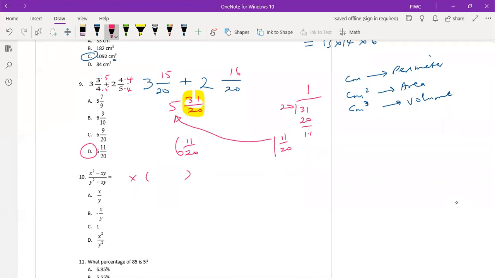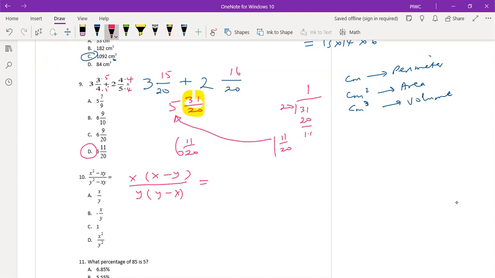You factor that out, you have X minus Y over, Y is a common factor in the denominator. So you have Y minus X, which is equal to, now we have to make sure they look alike. There are common factors here, but the X minus Y is not the same as Y minus X, but we can make them look alike.